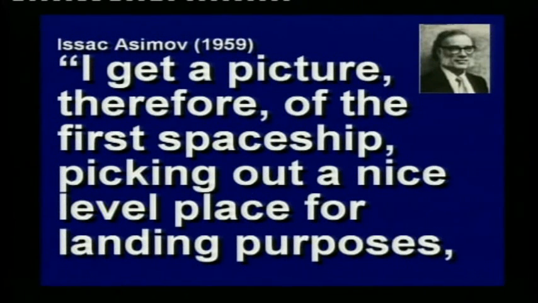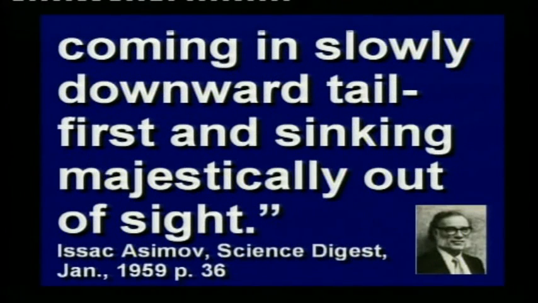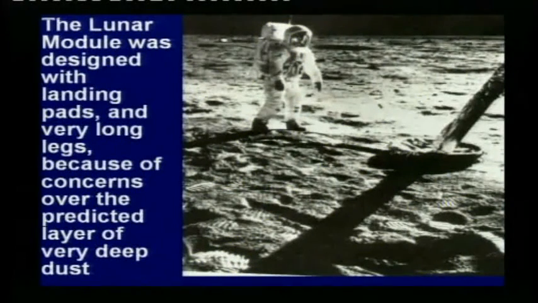Isaac Asimov, this is what he had to say in 1959. He said, "I get a picture, therefore, of the first spaceship picking out a nice level place for landing purposes and coming in slowly downwards, tail first, and sinking majestically out of sight." That's what Isaac Asimov had to say in 1959.